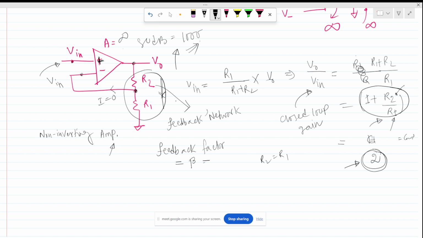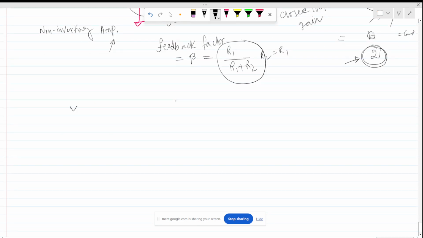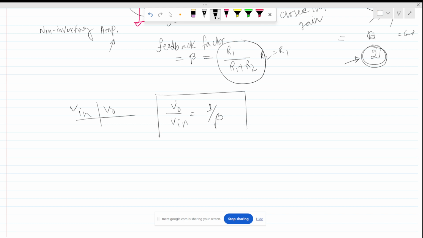This is nothing but R1 divided by R1 plus R2. So this is the beta factor, and we have seen that if this is a voltage input, voltage output configuration, then the closed loop gain V out over V in is nothing but 1 over beta. So this is a very good result.